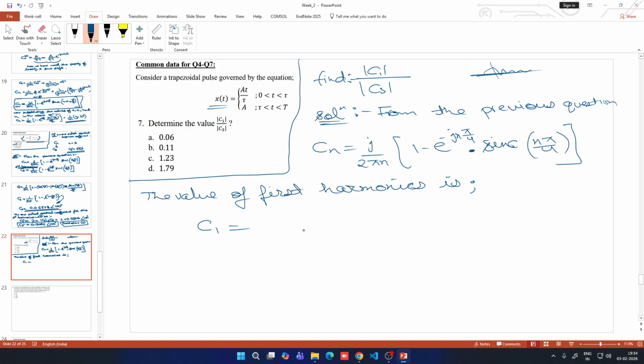C1 is given by j by 2 pi into 1 minus e to the power minus j pi by 4 and sinc pi by 4.